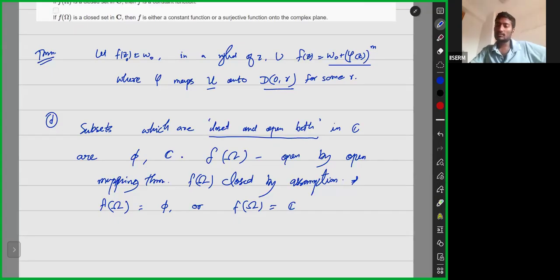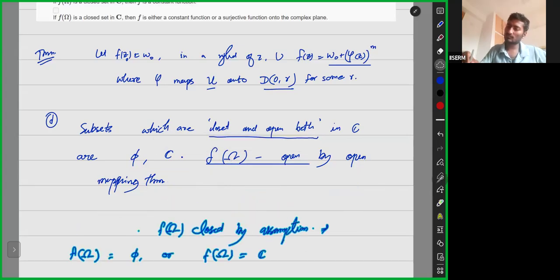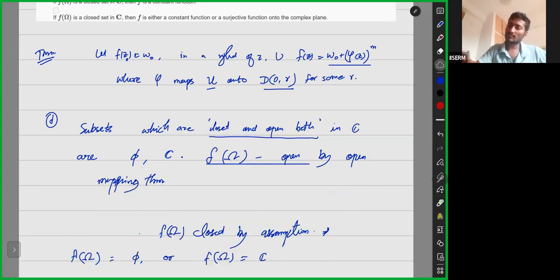Okay, so there's a little mistake. F of omega is open by the open mapping theorem when f is not constant, sorry. So either it is constant or it is not constant.